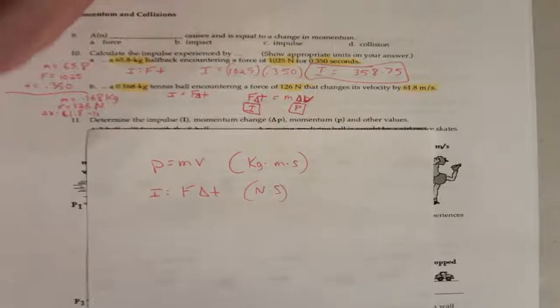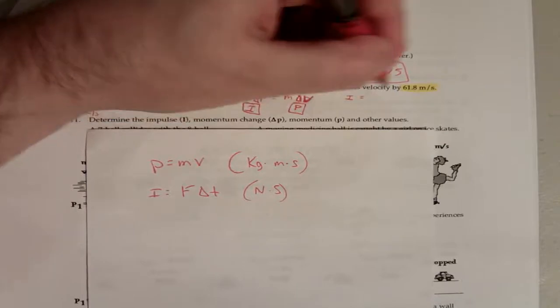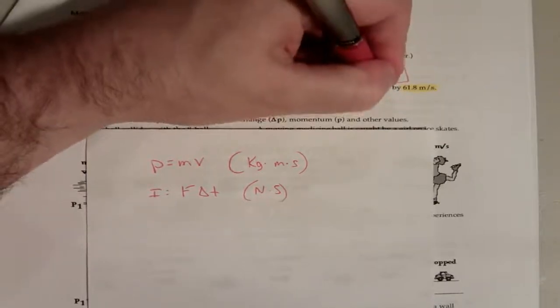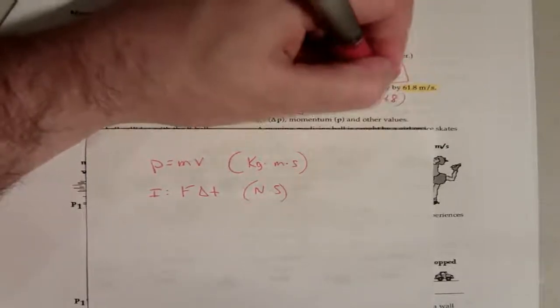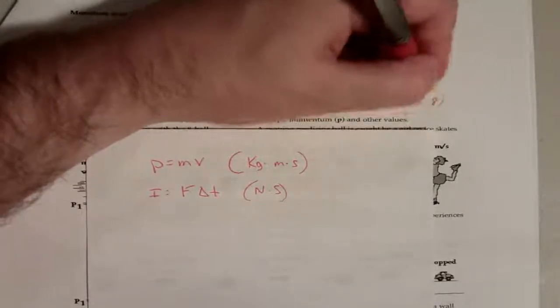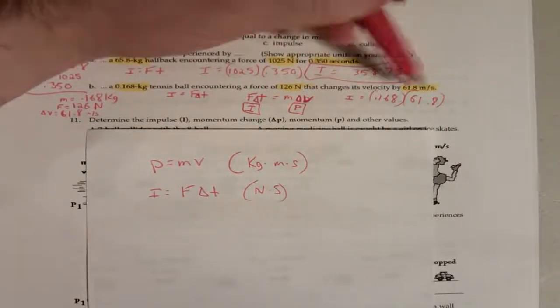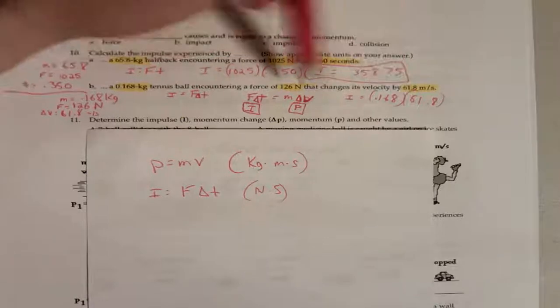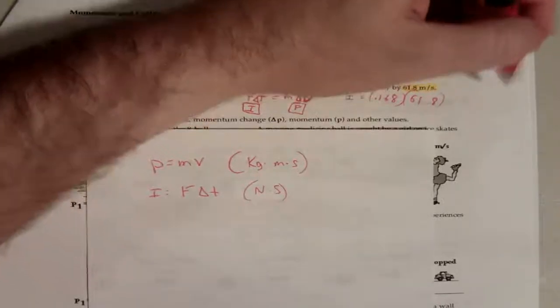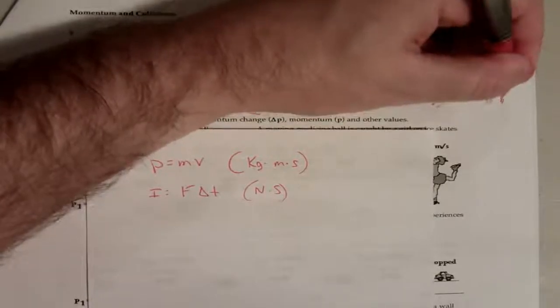So what we're going to do here is impulse equals 0.168 times 61.8. Okay, so 0.168 mass times 61.8 change in velocity. And we're going to get 10.4.